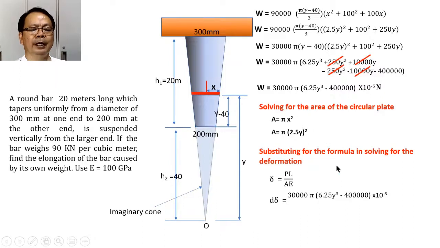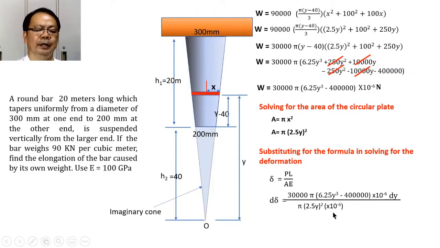What about our L? Our L is the length, which is equal to dy, divided by our A, which is equal to pi times 2.5y squared, or simply that is equal to 6.25 y squared. Again, this will be in millimeter square. If this will be multiplied by 10 to the negative 6, this becomes meter square, divided by E, which is equal to 100 times 10 to the 9 kilonewton per meter square.